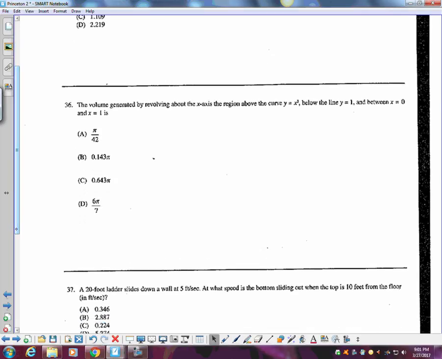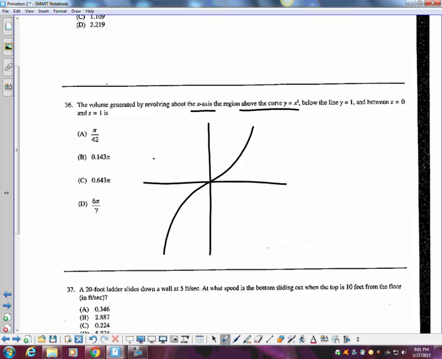Volume generated by revolving about the x-axis. Above the curve. Well, I know what he looks like. Revolving on the x-axis, above that curve, below the line y equals 1.